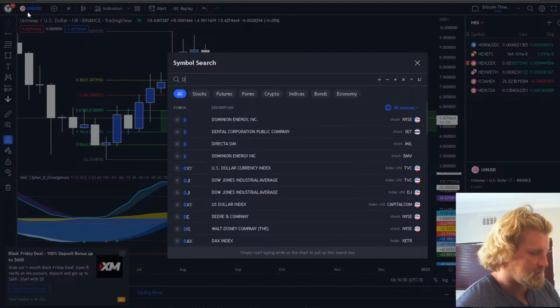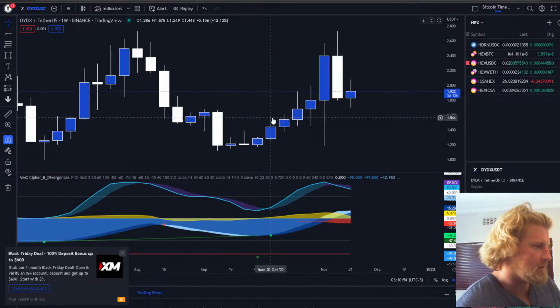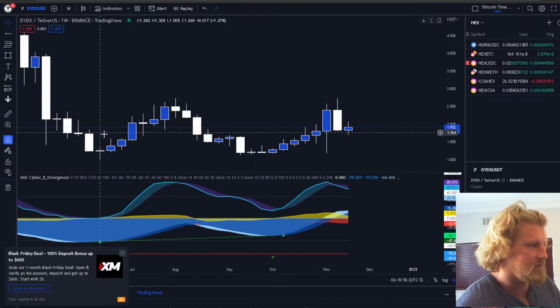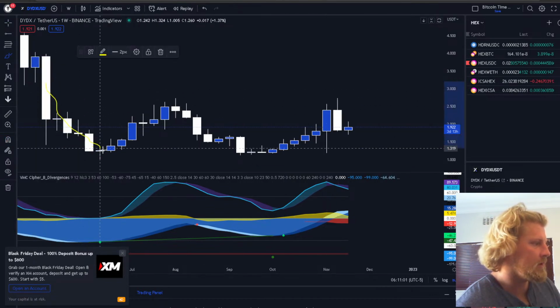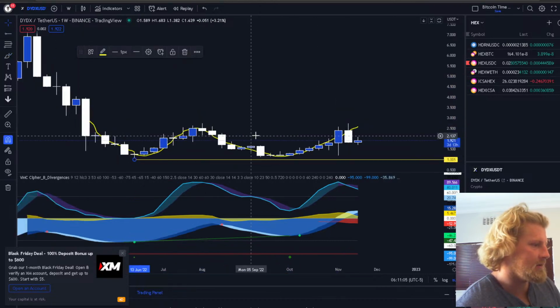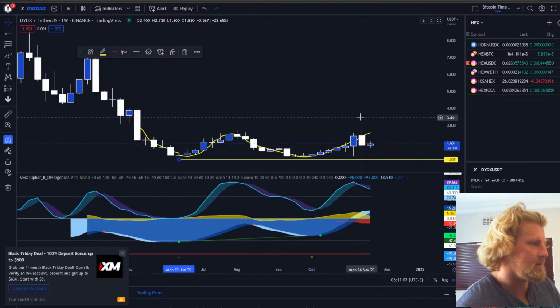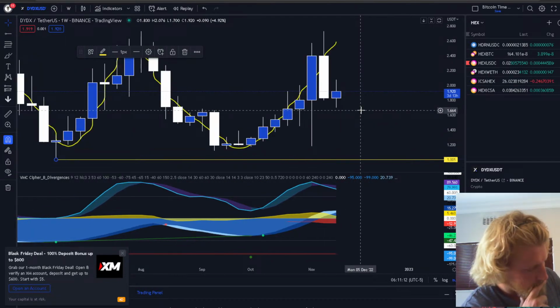And then DYDX is also a decentralized exchange, and you can just see this beautiful W up here. This is what we call a beautiful market structure, as these lows have been defended all throughout. What other decentralized exchanges are there?